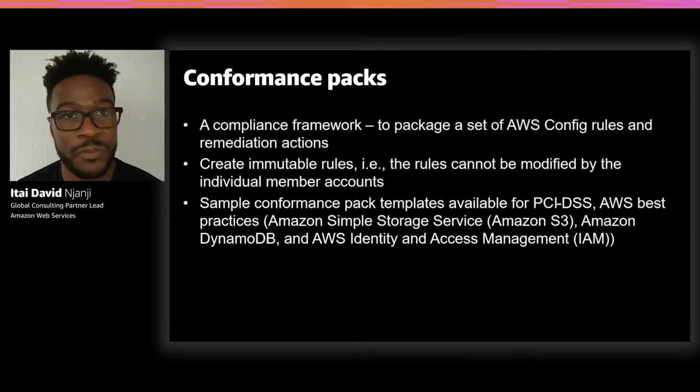So what are config rules and conformance packs? A conformance pack is nothing but a collection of AWS Config rules. Essentially, it is the key ingredient to achieving compliance as code. You can deploy a conformance pack as a single entity in an immutable way for child accounts.